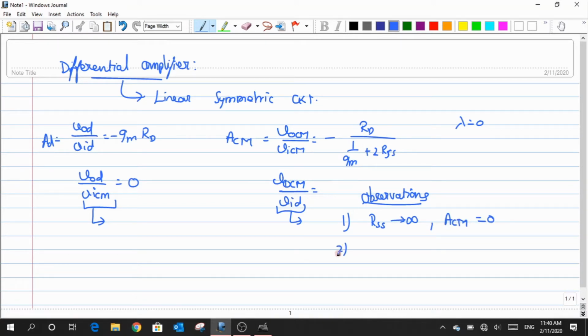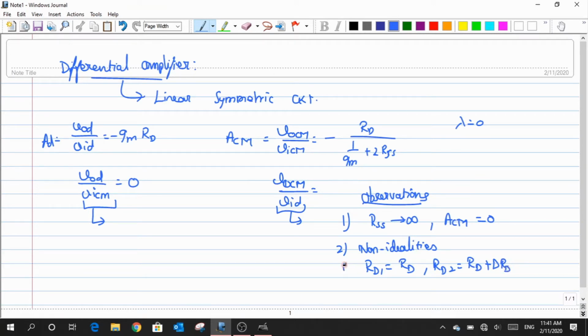There is also one more observation that I want to recollect, which I gave in the notes. What happens if I have some non-idealities in my circuit? Say, for example, I have RD1 which is equal to RD, and RD2 which is not exactly equal to RD, but has some variation of delta RD along with it.